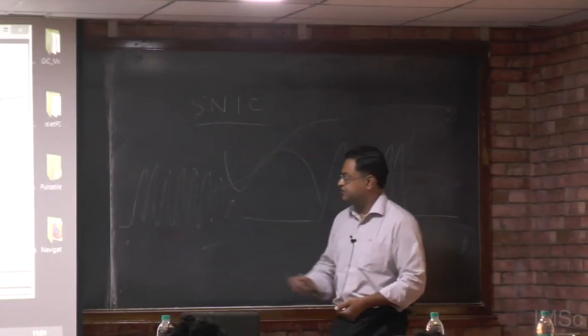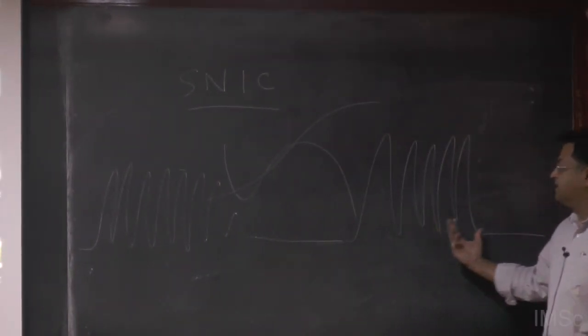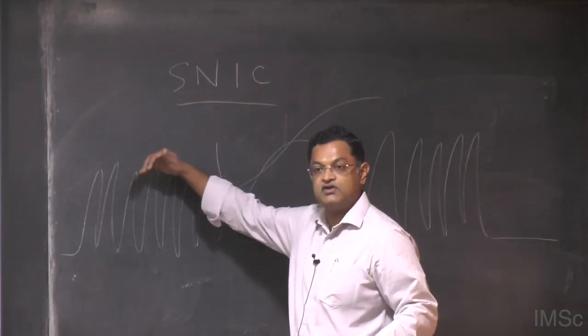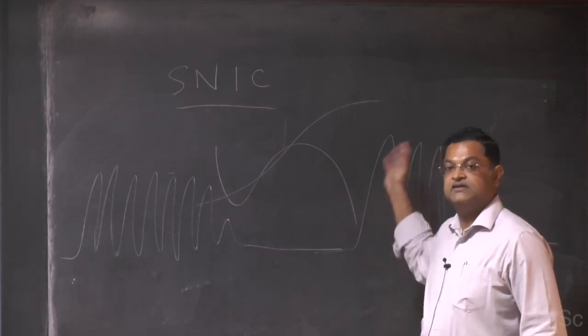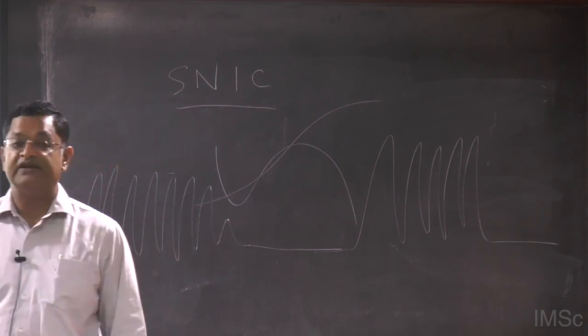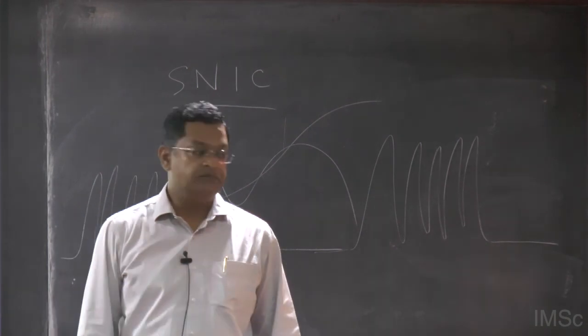This thing is called bursting. You've got a burst of action potentials followed by a silent phase, and then another burst followed by another silent phase. So an active phase with lots of spikes and a silent phase with no activity, and so on and so forth. This pattern is called a bursting pattern. Bursting patterns have been very well studied as well, and there's a lot of literature on them.